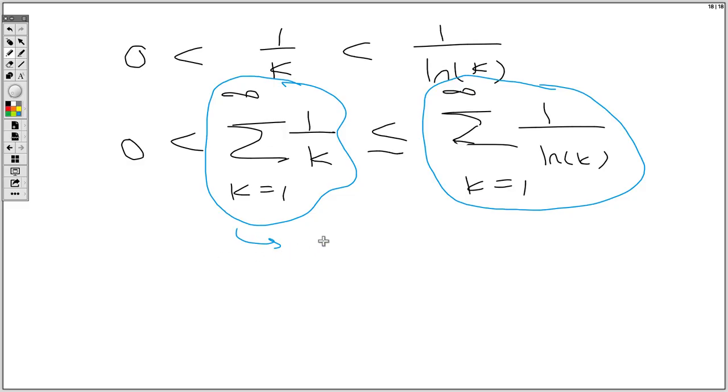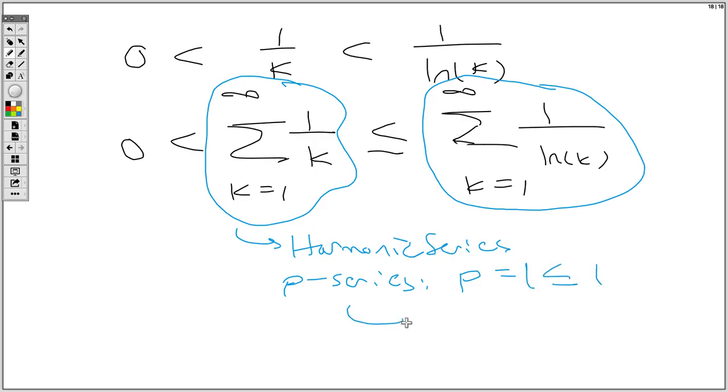So this is the harmonic series. And it's a p series with p equal to what? What's the power on that k? It's 1, which is less than or equal to 1, which means this diverges.